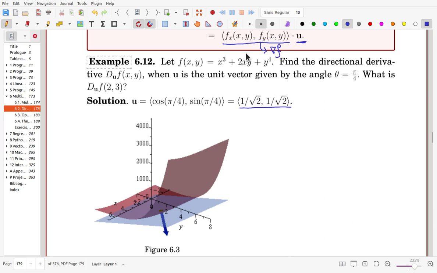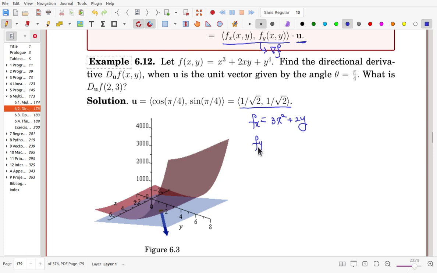Now, to use the formula, we have to get f sub x and f sub y evaluated at (2, 3). Let's get f sub x, the x derivative: there's a 3x squared, and now 2y, and that will be 0.